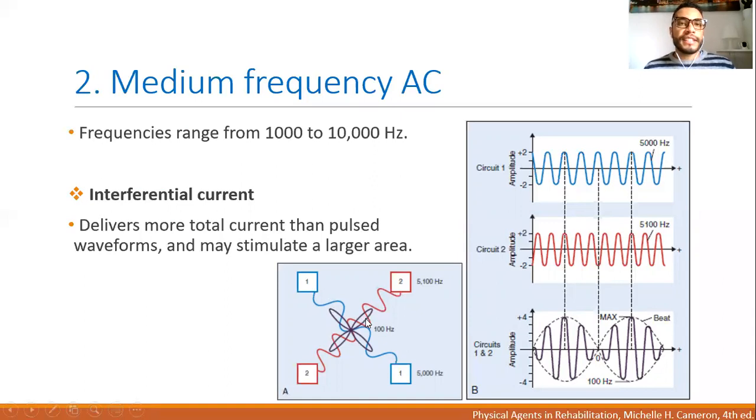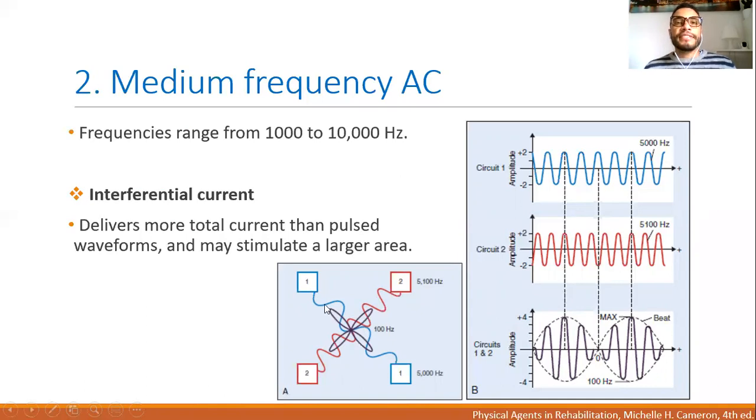The interesting thing about using interferential current is that, as I told you, we use 4 different electrodes. So we have 4 electrodes here.